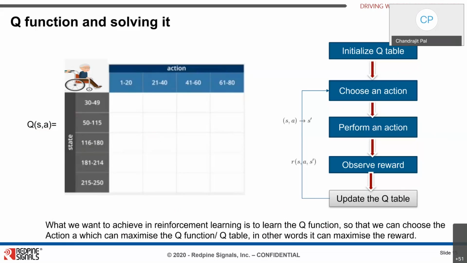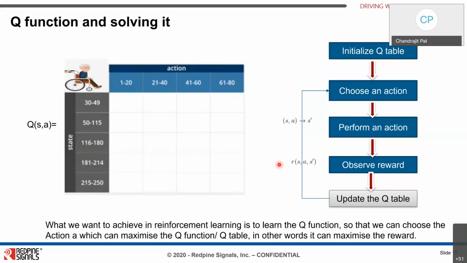Okay, so the values of the table will get updated every time. Unless and until the learning algorithm is trained, the values of the Q table will get updated every time through the iteration. It will be continuously getting updated. Finally it will come to a state when the entries of the table will be no more updated.